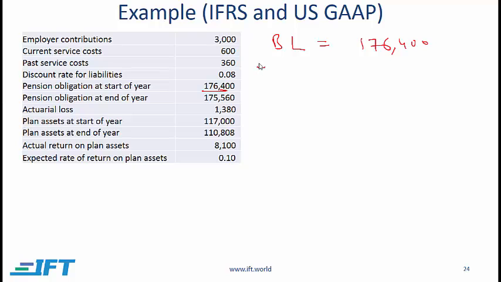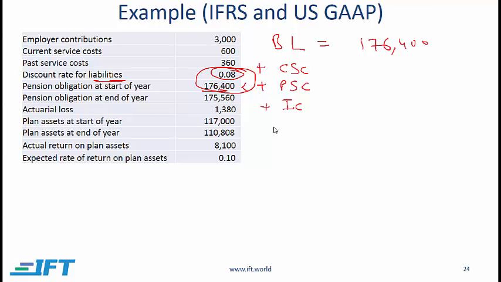You are going to add the current service costs, then the past service cost, then we have the interest cost. Now the interest cost is not explicitly given, but we do have the discount rate, which is 8%. We do have the pension obligation at the start of the year, so you can take 0.08 times this number, that's the interest cost. Then we have the benefits paid.